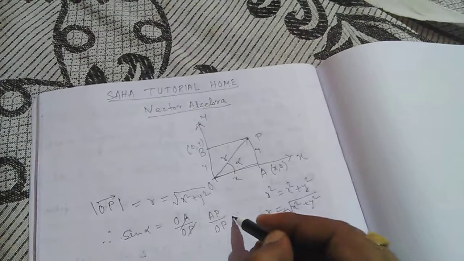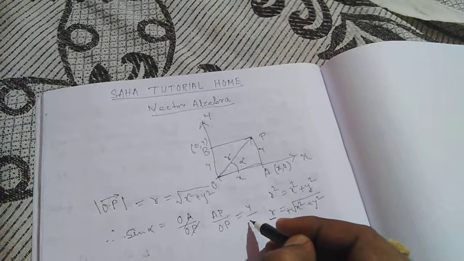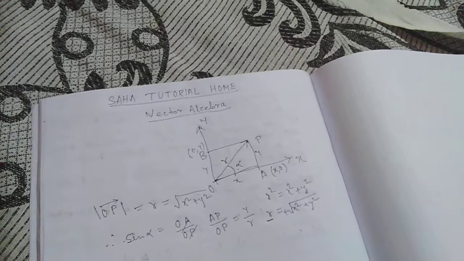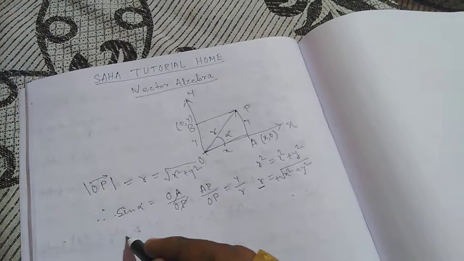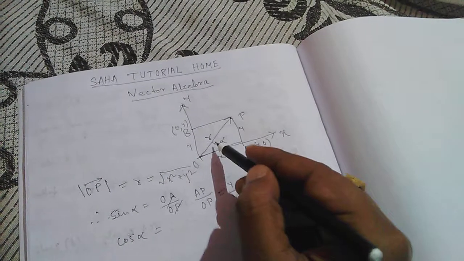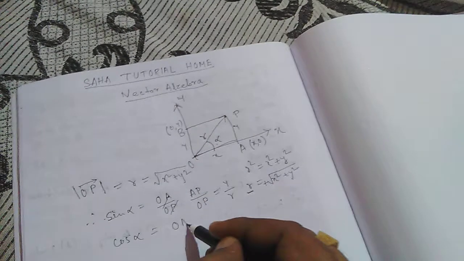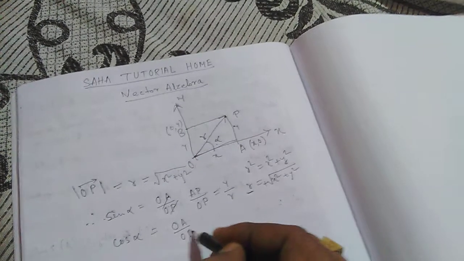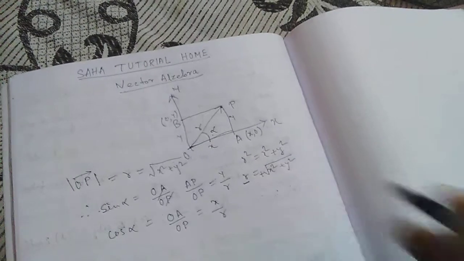AP by OP. AP is y, OP is R, and cos alpha is equal to the base with respect to the angle, which is OA. So OA by hypotenuse OP is equal to x by R.